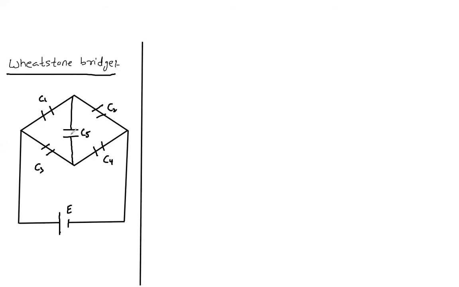This particular combination of 5 capacitors or 5 resistors is known as Wheatstone bridge. The special thing about Wheatstone bridge is there is no capacitor which is connected in series or in parallel. You can't solve this circuit using normal series and parallel combination.